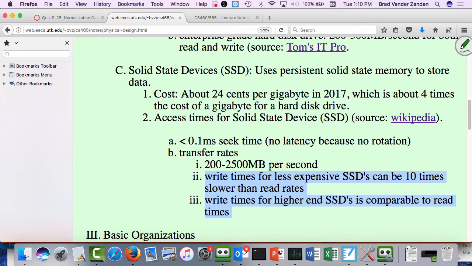So for consumer grade SSDs, currently you can expect to pay about 24 cents per gigabyte, which is about 4 times more expensive than what you would pay for a hard disk drive. So you'd pay about 6 cents per gigabyte for a consumer grade hard disk drive. So you pay about 4 times more, but the performance, believe me, is worth it.